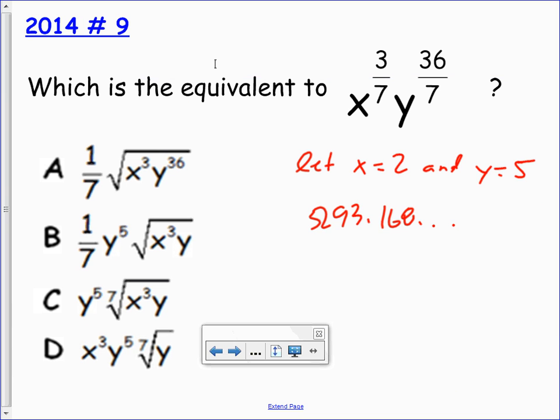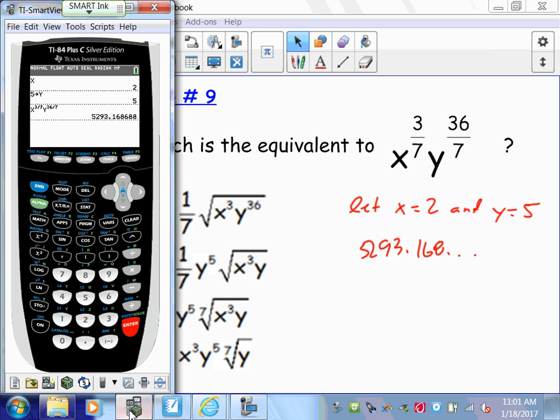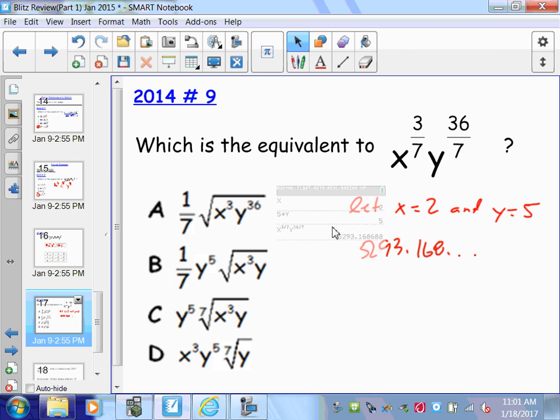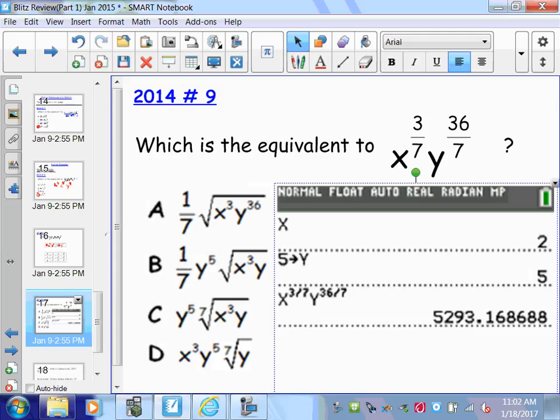I think Jenny found it. Where are we at? Can I show you what I typed in? Sure. So we already had x was 2, right?